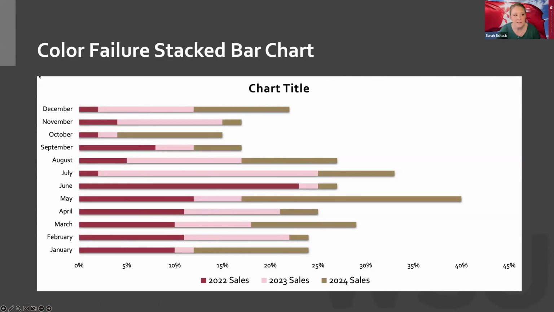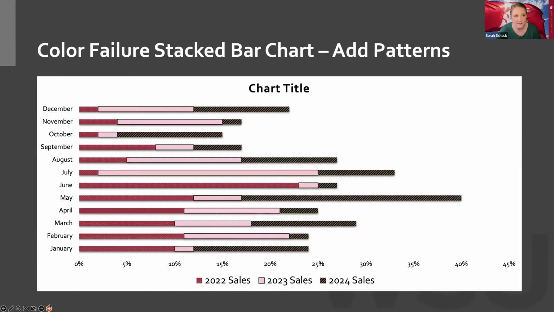And this next example is a chart, a side-by-side bar graph that is showing this data, but it's failing because it's using only color alone in the differentiating sections of the side-by-side bar chart. And so I'm going to show you how you would fix that to make it accessible in this next example.